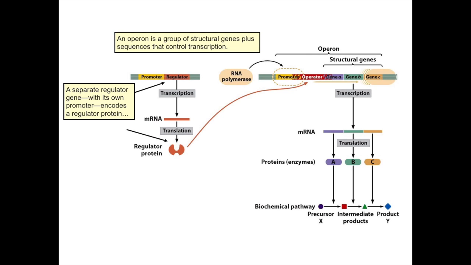This regulator protein binds to the promoter operator region of the lac operon, and when it's not around, you can get transcription of the genes in the operon, and they're transcribed as one mRNA altogether. The regulator protein may bind to the operator site to regulate the transcription of the mRNA. And in this case, it would repress it.